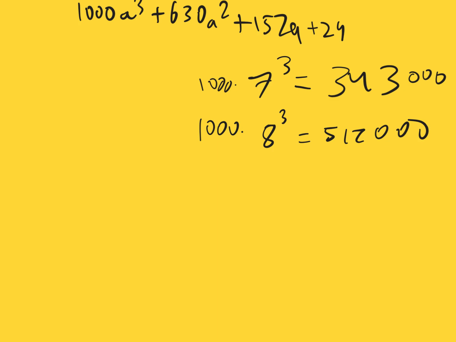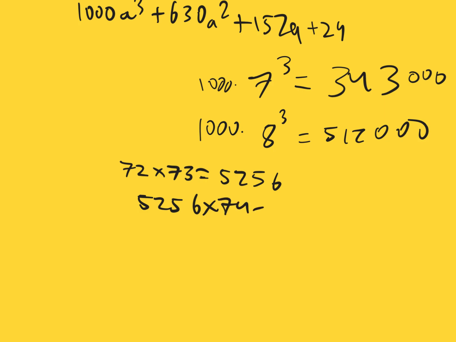Now, I know this will be pretty tiring to do, right? Basically, let's just try it. So 72 times 73 is equal to, if you do the calculations, 5,256. 5256 times 74 is equal to 388,994, which is sadly not the correct answer.